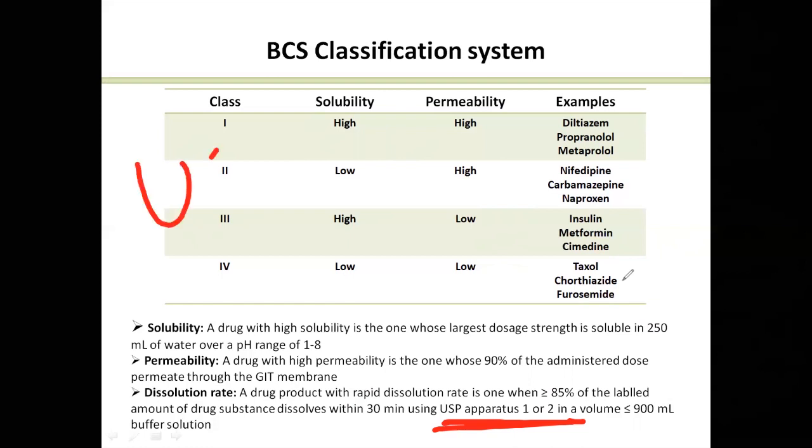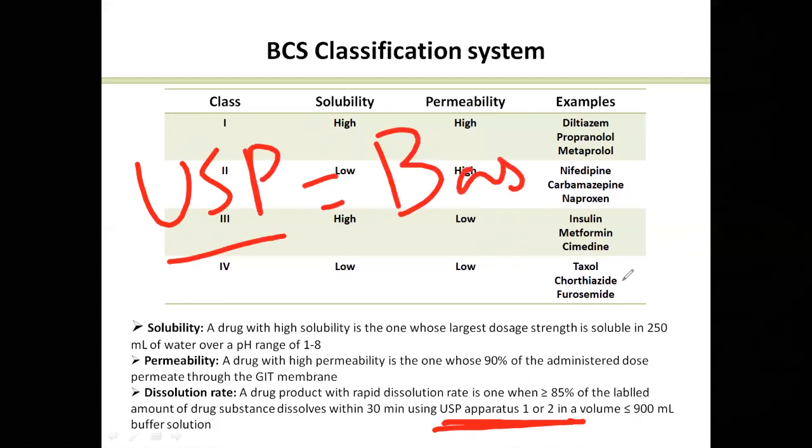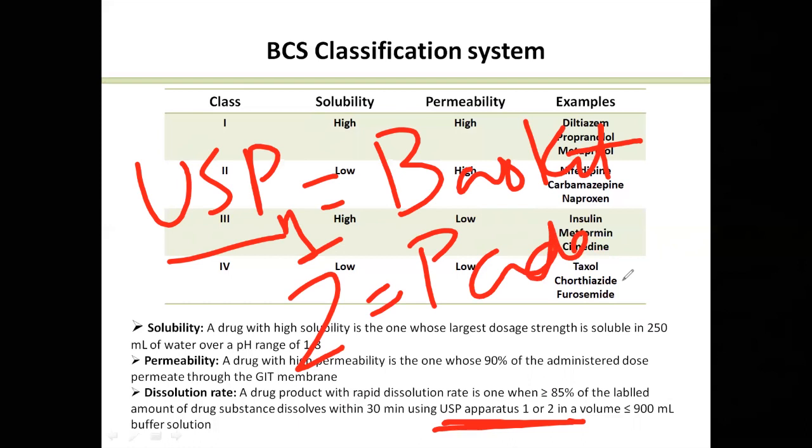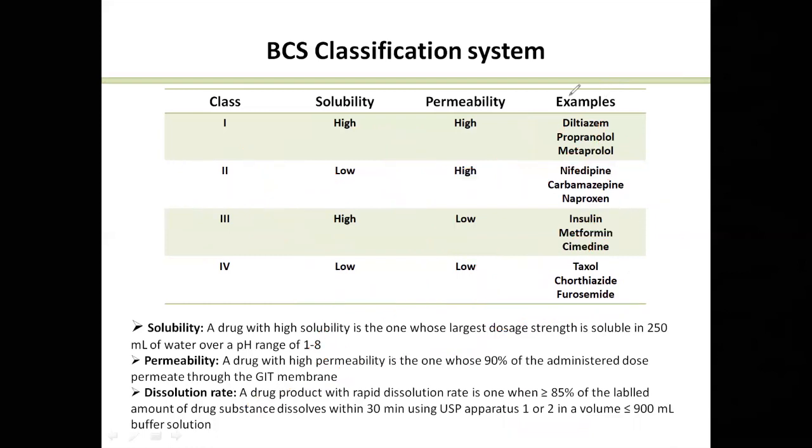USP apparatus 1 is the basket type, and USP apparatus 2 is the paddle type. This is the opposite in the case of the Indian Pharmacopoeia, which states paddle as IP1 and basket as IP2. So this is all about the BCS classification that you need to understand. Thank you.